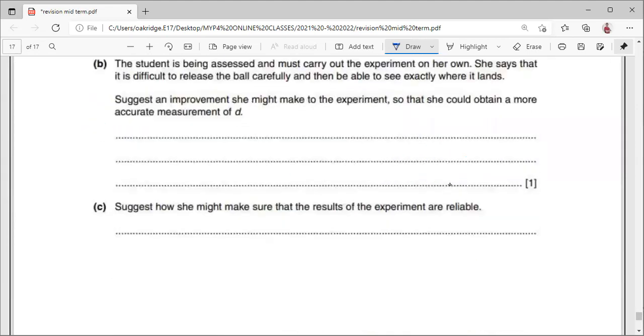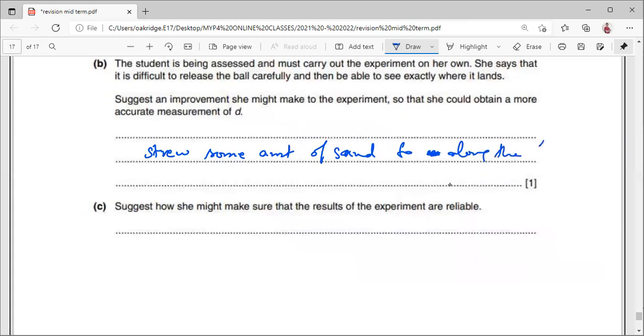So the modification she can use is to strew some amount of sand along the floor to measure the value of D accurately. Okay, suggest how she might make sure the results of the experiments are reliable.